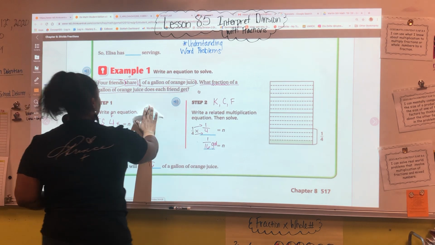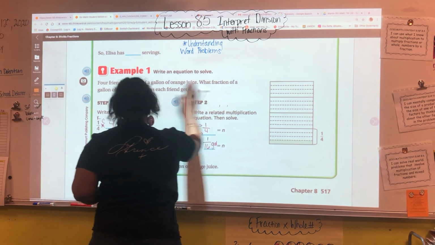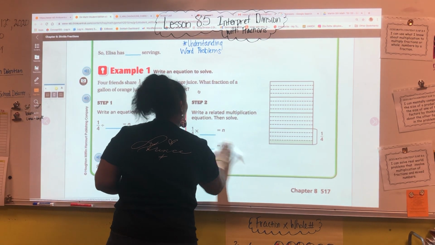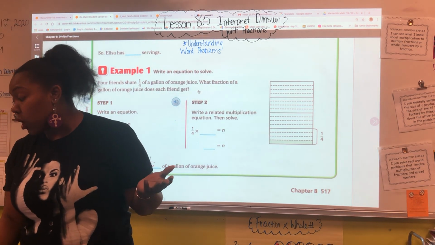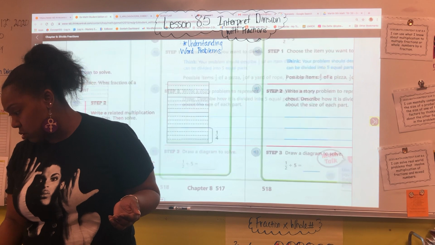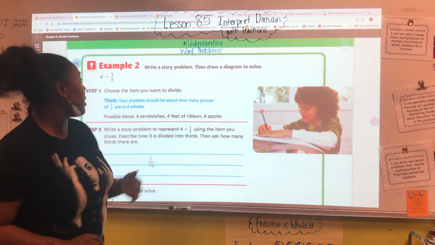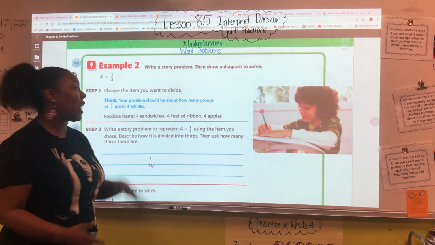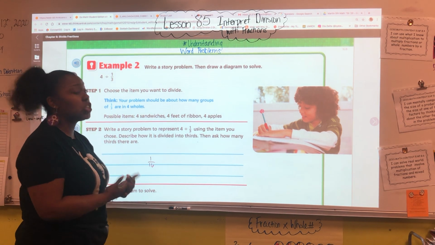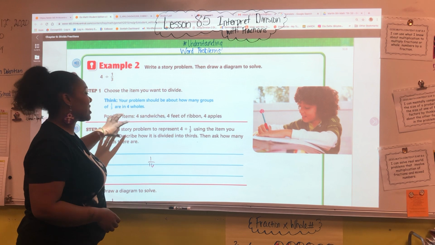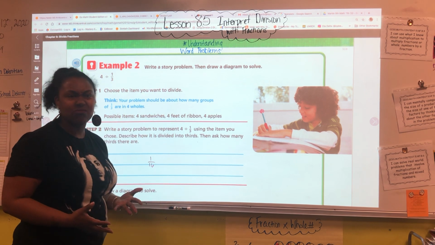If you look on the next page, I'm just going to show it to you, and you're going to see that you're going to get your own chance to write a problem. And we're going to try and write both. So looking at the first problem, I'm going to read it to you, and I really want to make sure that you read through the directions. I know we have trouble doing that, but we need to read through the directions because they're going to give us hints on how to write it.